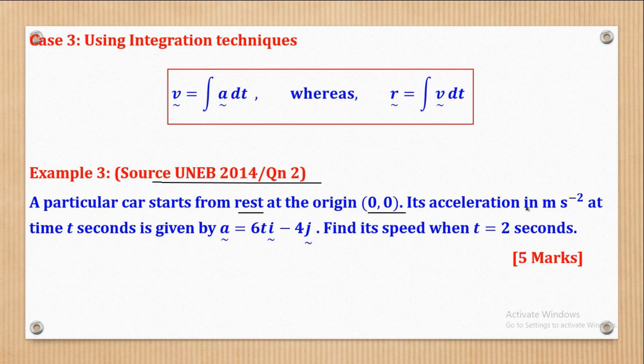Its acceleration in meters per second squared at time t seconds is given by a equal to 6ti minus 4j. Find its speed when t is equal to 2 seconds, and they give it 5 marks.